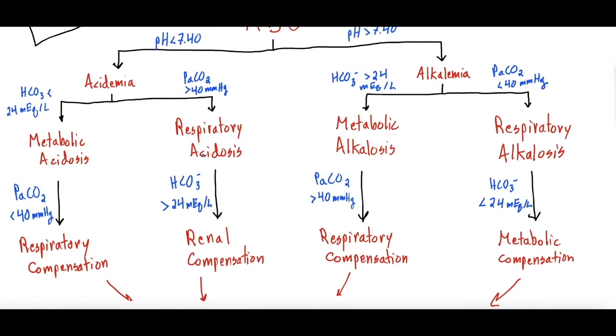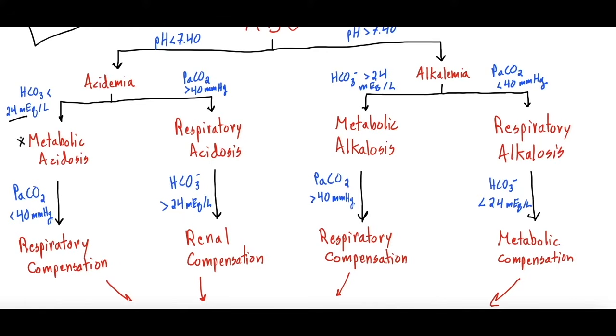The next thing we're going to look at is the bicarb or the PaCO2. So we're going to look at the bicarbonate level or the PaCO2 level, the carbon dioxide level on that blood gas. If that bicarbonate is less than 24 milliequivalents, then you know that acidemia is a metabolic acidosis.